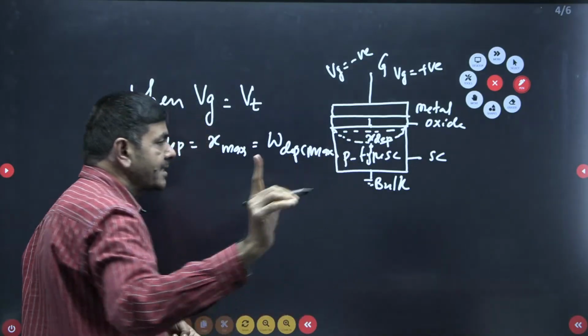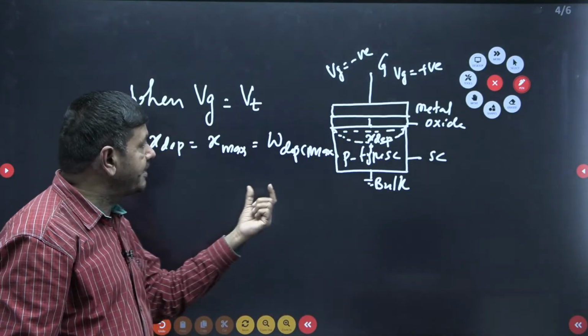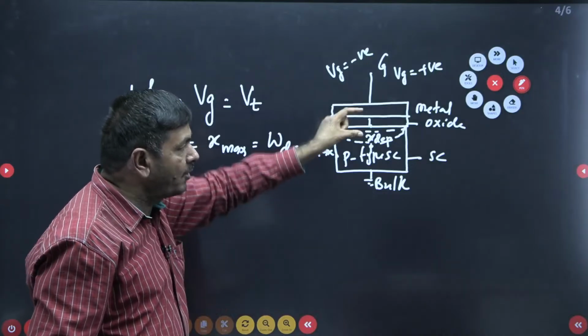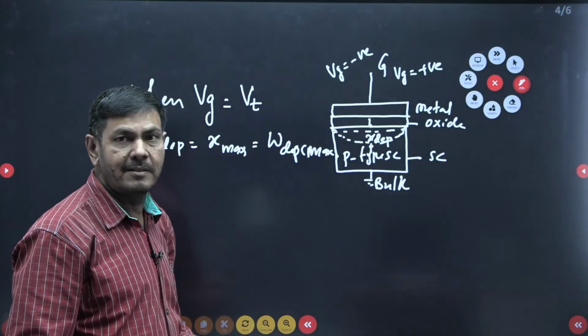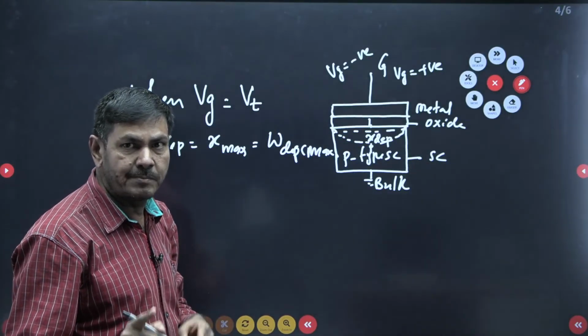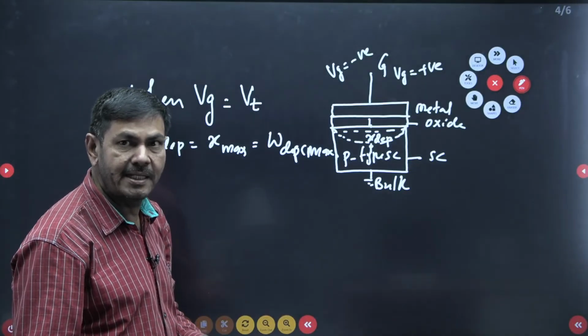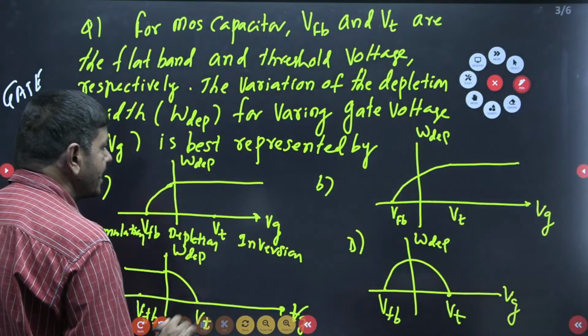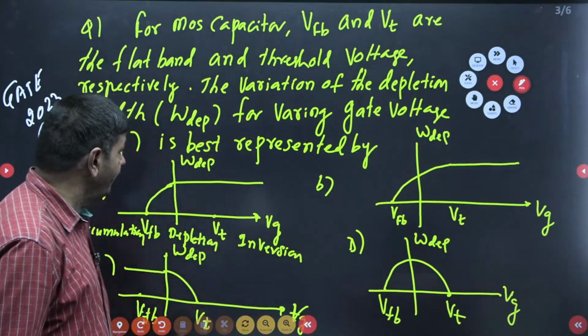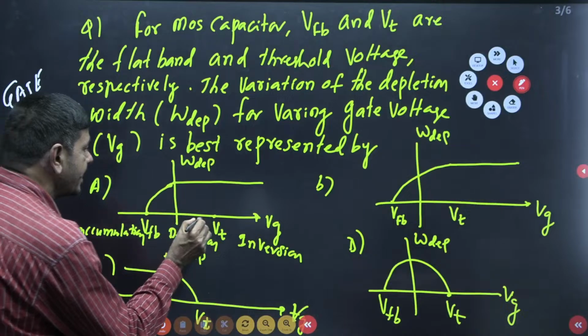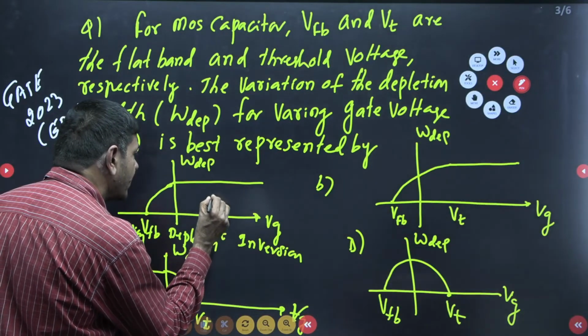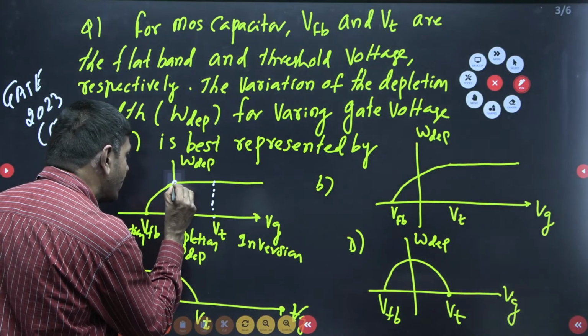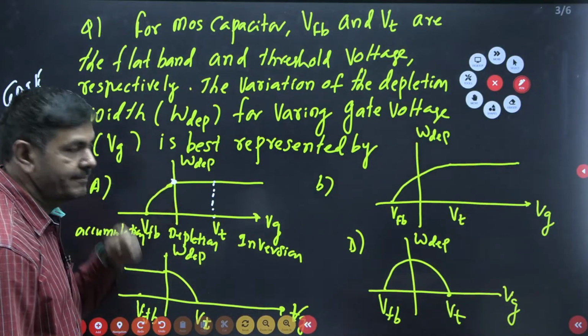The point I said: maximum W_DEP or X_DEP is possible whenever the gate potential is maintained at threshold voltage. Catch my point, at threshold voltage, then the maximum is possible. But in this case, before the threshold voltage, I am getting maximum W_DEP.